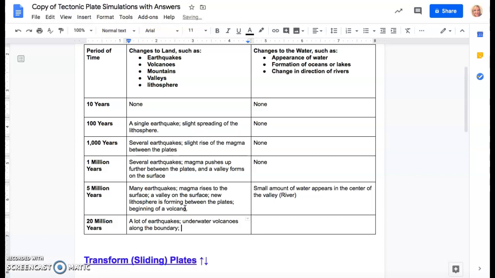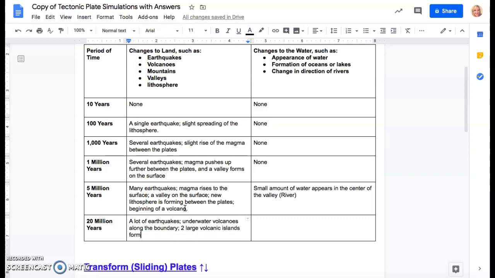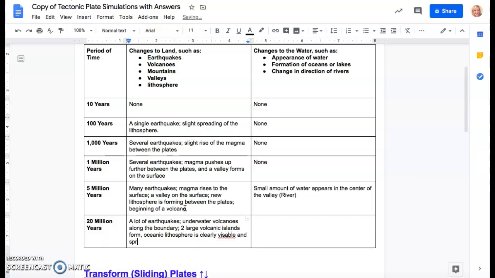We have 2 large volcanic islands. Right? And then the oceanic lithosphere is clearly visible and spreading. Okay.